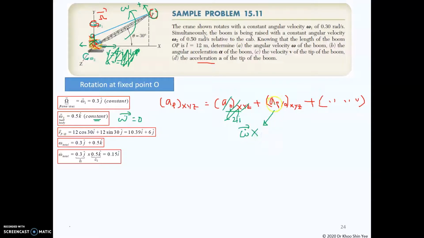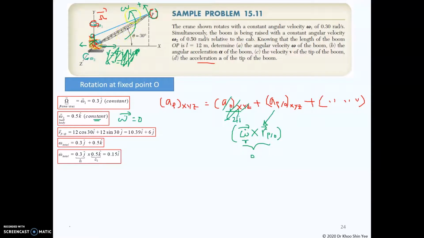So the acceleration component in the tangential direction is the angular acceleration of the body crossed with the radius P with respect to O. Since this component is 0, when you cross it, you obtain this acceleration component equal to 0.